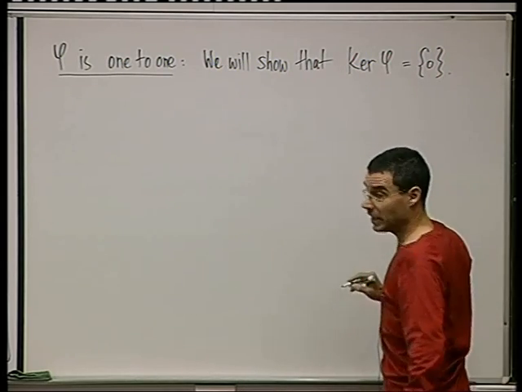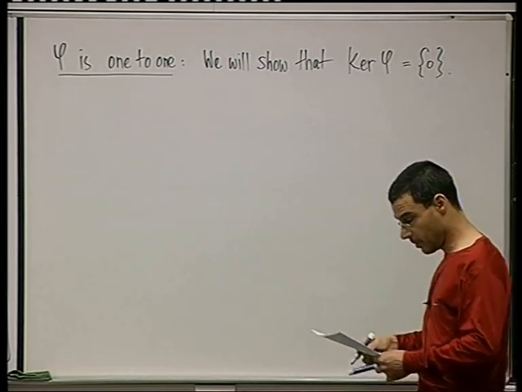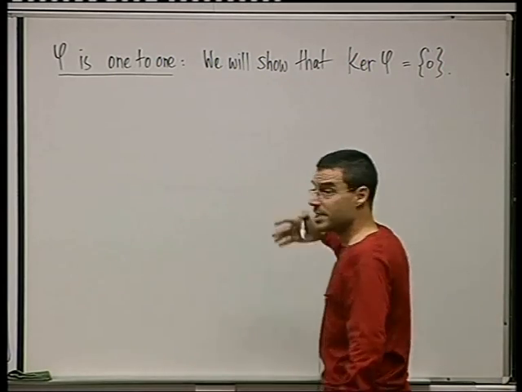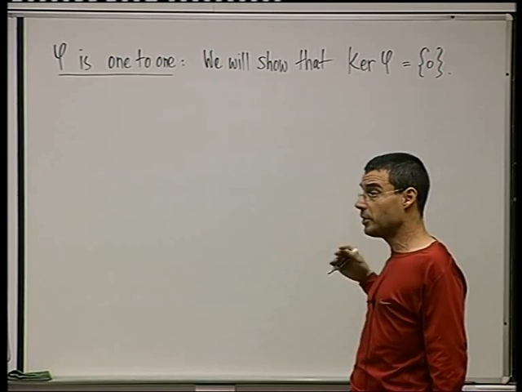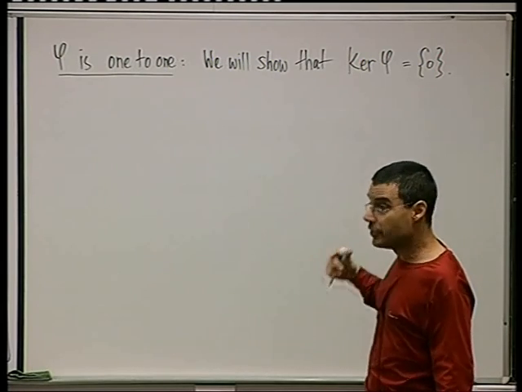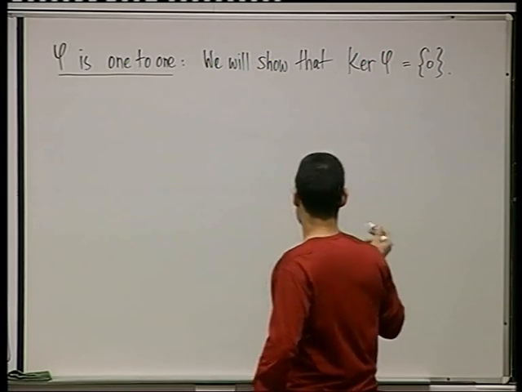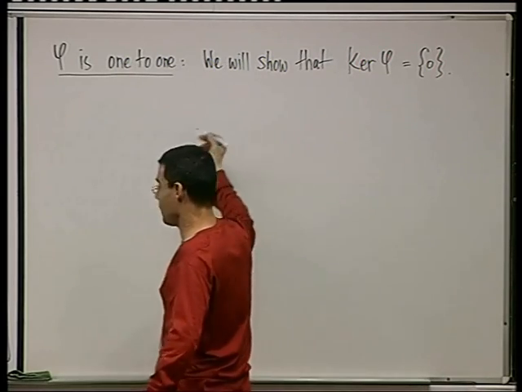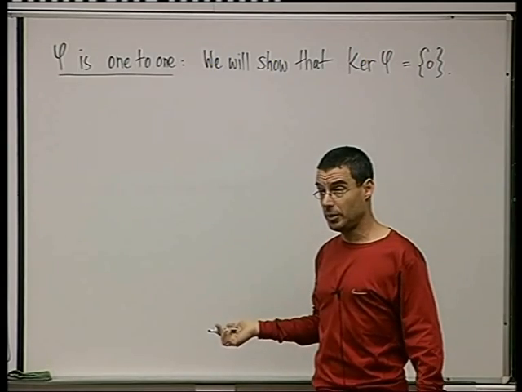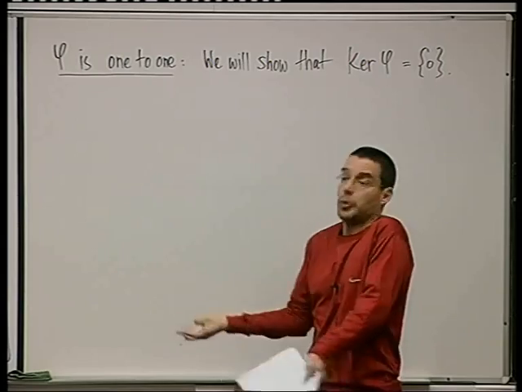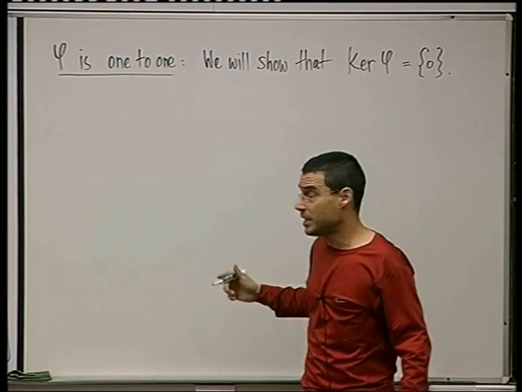That's how we prove that a linear map is one-to-one. Okay? So how do we do that? And once we understand what we are doing, doing it is rather standard in this case, rather standard. So we need to show that the kernel is 0. How do we show usually that the kernel is 0? We take somebody in the kernel and show that it's forced to be 0. It can't be anything else.